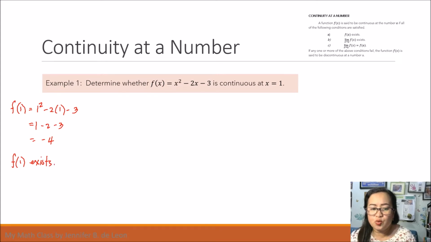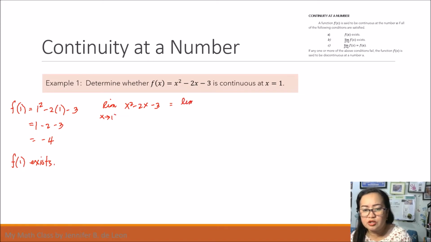Now let's show whether the given function satisfies the second condition, wherein the limit of f of x as x approaches a exists. We show that the limit of x squared minus 2x minus 3 as x approaches 1 from the left is equal to the limit of x squared minus 2x minus 3 as x approaches 1 from the right.